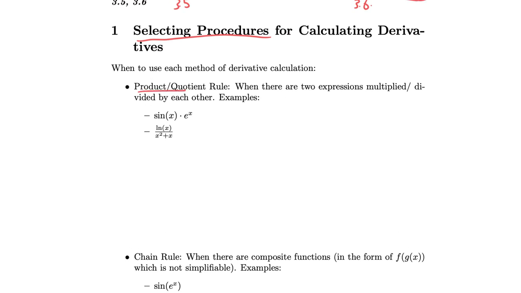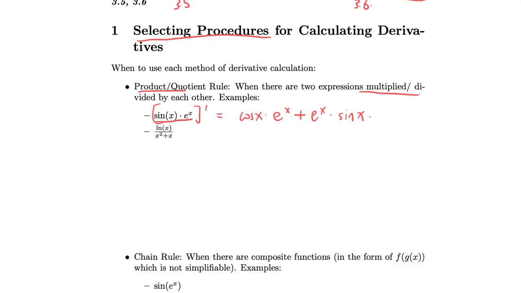So product and quotient is whenever you have two expressions multiplied or divided by each other. So here, for example, we have a product. The derivative of this, we're just going to do quickly, is the derivative of the first times the second plus the derivative of the second times the first. So like this.